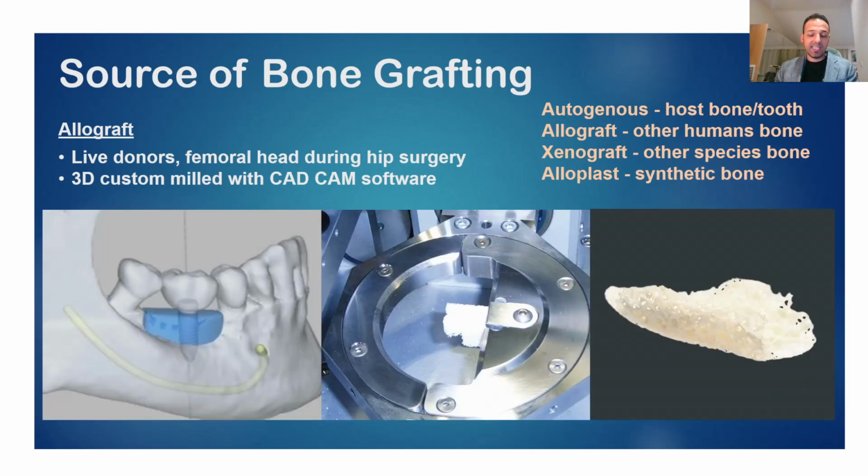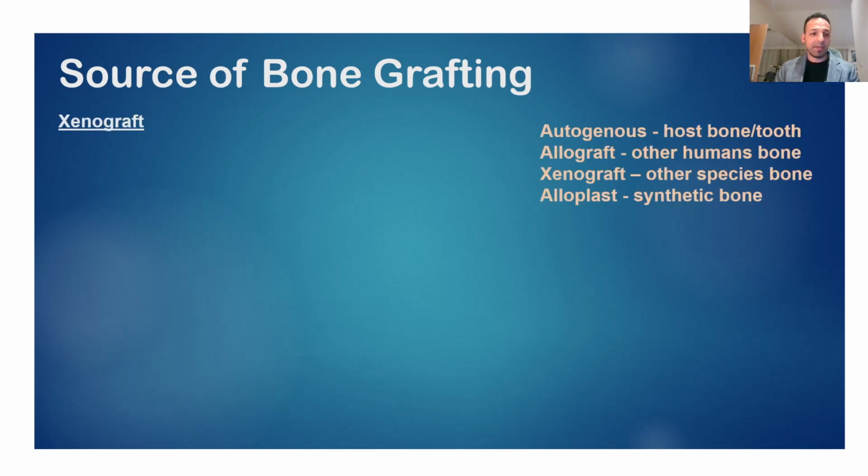As you can see here, the CBCT has taken the bone block is milled in the milling machine, and this is the 3D form, and it should jigsaw match the defect. However, the main problem is the cost. The cost is extortionate. It's around 1800 last time I checked, and obviously with time prices keep going higher, and that's just the 3D bone block without any membrane and anything else that you need to secure it down.